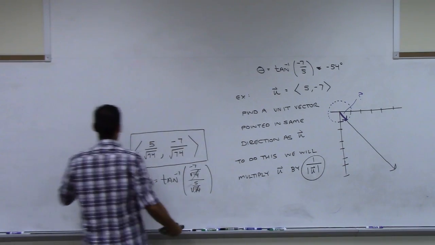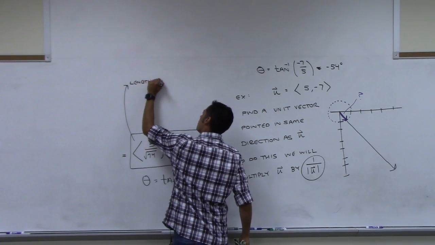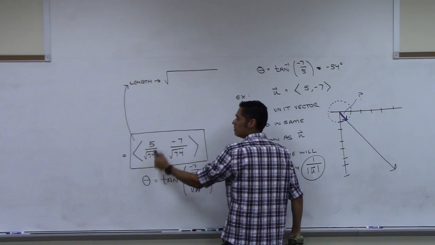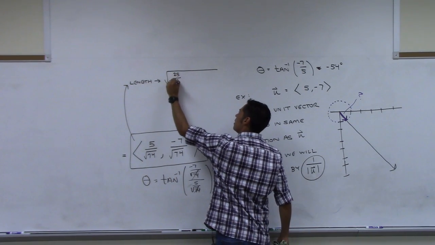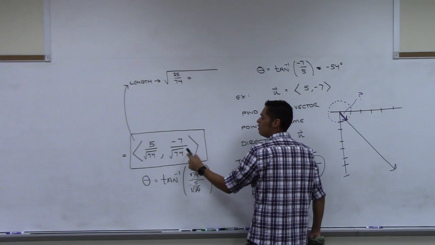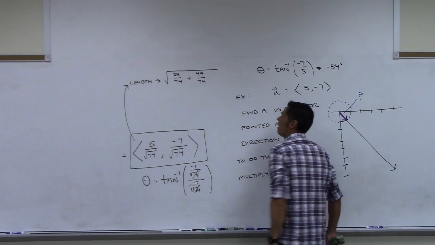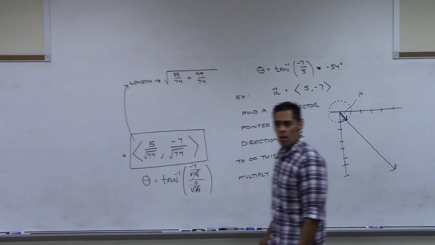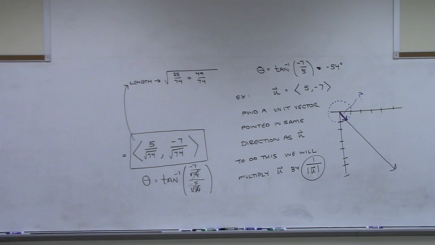It would be the square root of this squared, right? What is that squared, if I square the top and bottom? 25 over 74 plus this squared, which would be 49 over 74. What's 25 plus 49? 74 over 74, so you get 1, so root 1 is 1, right? So the length of that vector is 1.